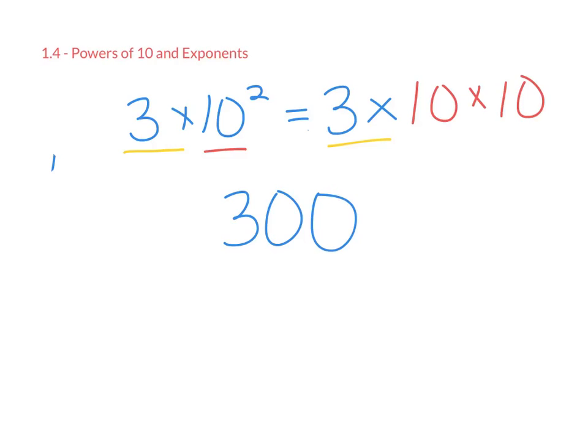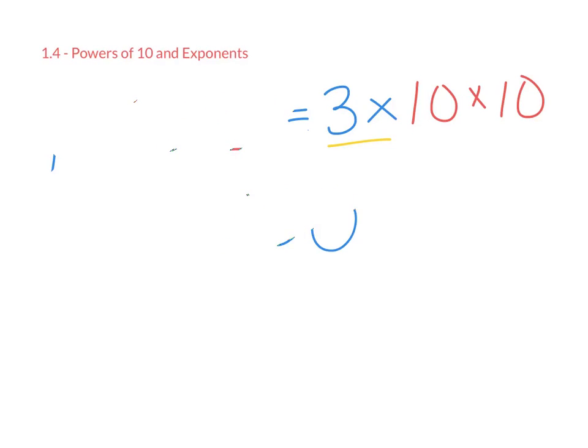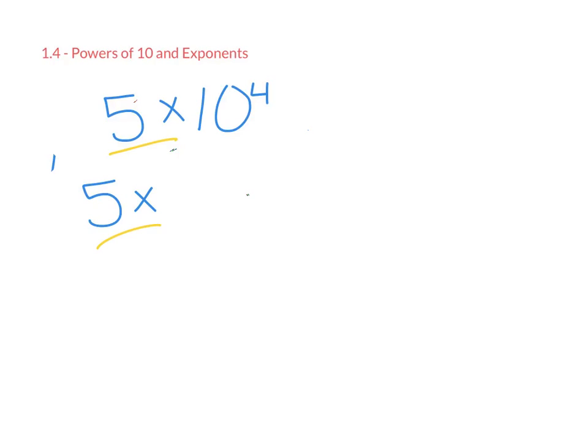Let's look at another example. All right, let's say you see the problem 5 times 10 to the fourth. Okay, all this means is you're doing 5 times, right? That stays the same. And we know 10 to the fourth is equal to 10 multiplied 4 times.